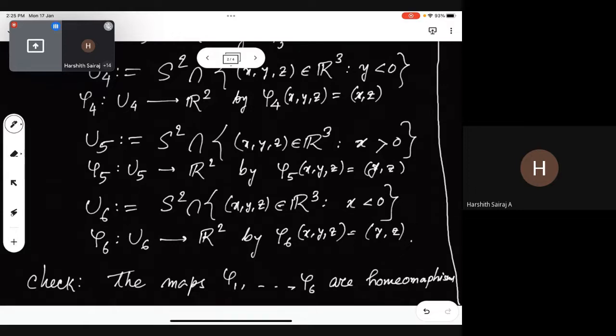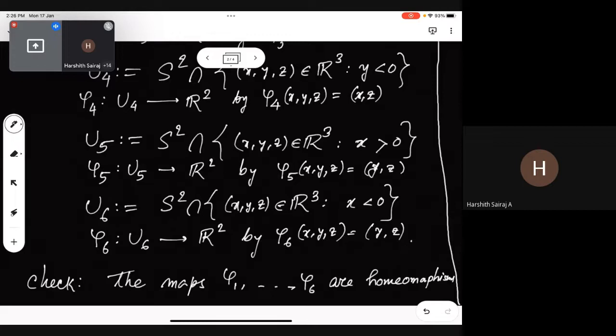You can't go beyond that, because that is the image of U6. Now corresponding to each point in the open unit disk, you can find a unique point x less than 0 such that (x, y, z) lies in the sphere. And that gives you the inverse.